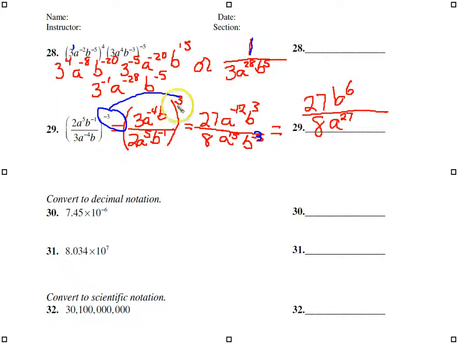So it's going to be 3 to the 3rd, which is 27, 2 to the 3rd, which is 8, and then you're just multiplying. And then you're getting rid of the negative exponents by moving the negative 12 down. That becomes a to the 27th. The negative 3 up, that becomes b to the 6th.